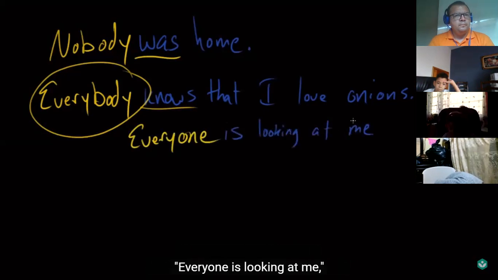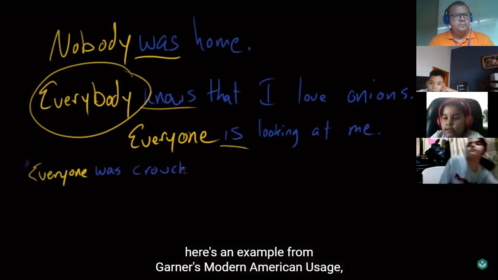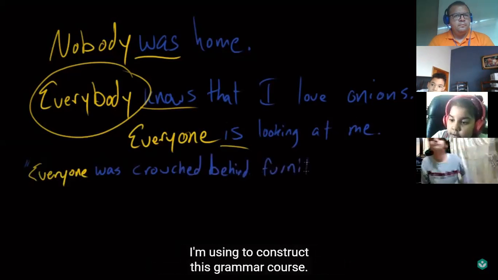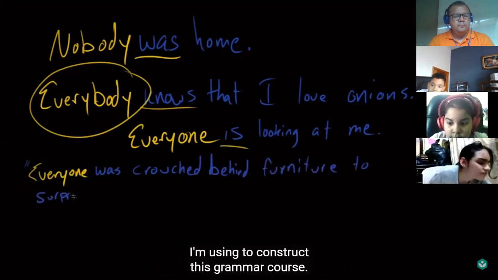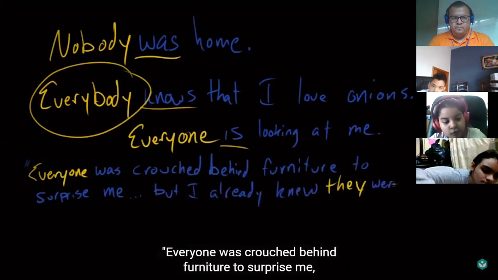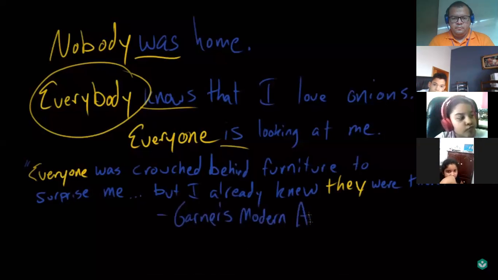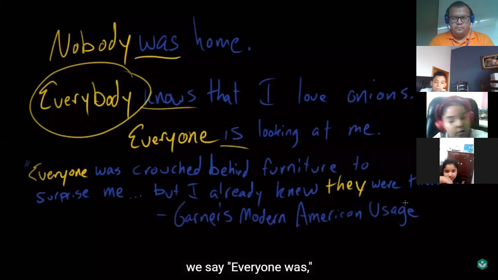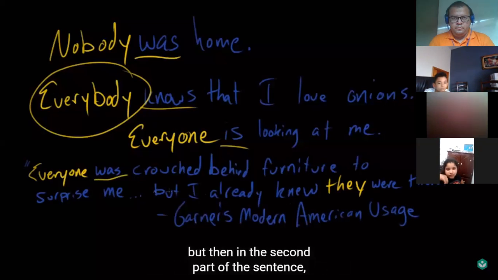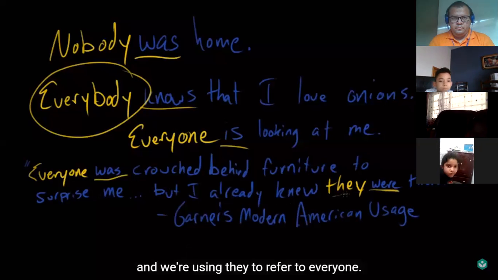And so although you might say everyone is looking at me, here's an example from Garner's Modern American Usage, which is one of the several car-sized books I'm using to construct this grammar course. Everyone was crouched behind furniture to surprise me, but I already knew they were there. And you can see in the beginning of the sentence, we say everyone was. But then, in the second part of the sentence, we say they were. And we're using they to refer to everyone.